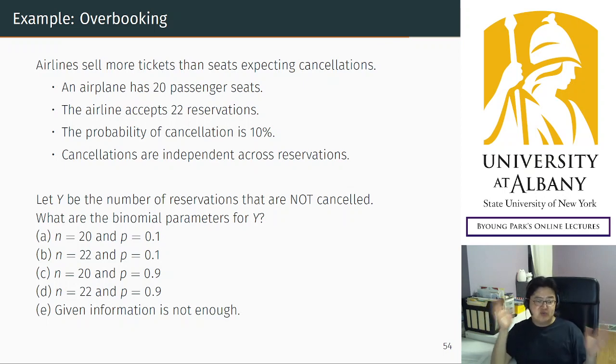Same structure as the example I used before, and then try to find the parameters. It's tricky. So you know that if you know the parameters, 2 parameters, you know everything.